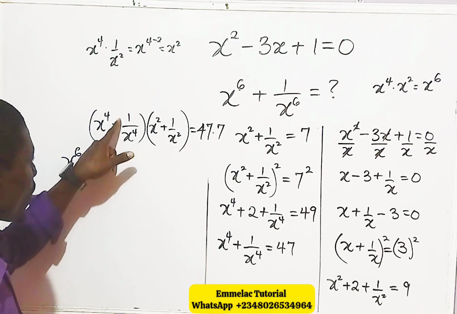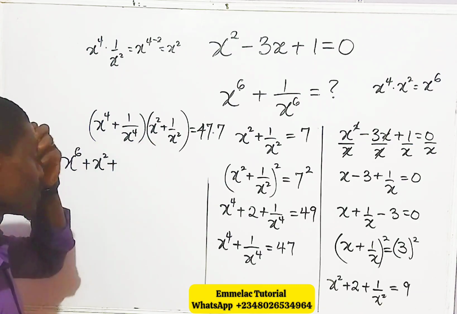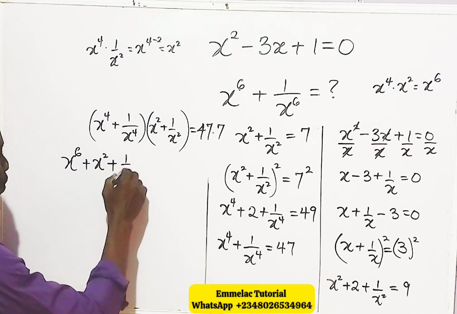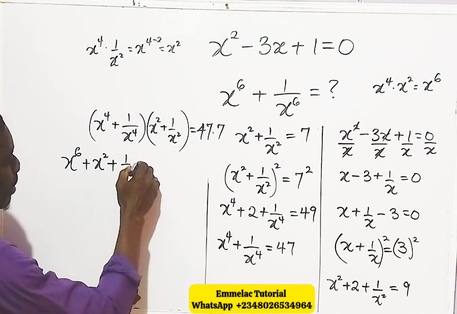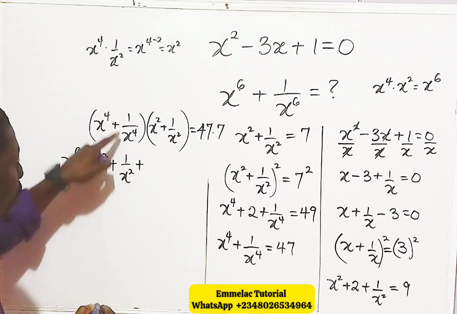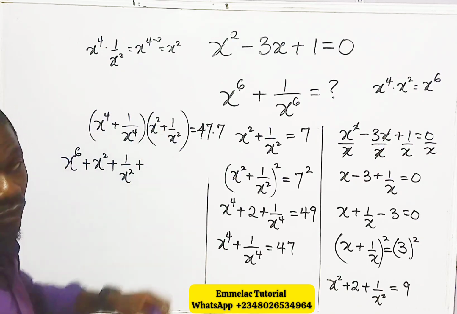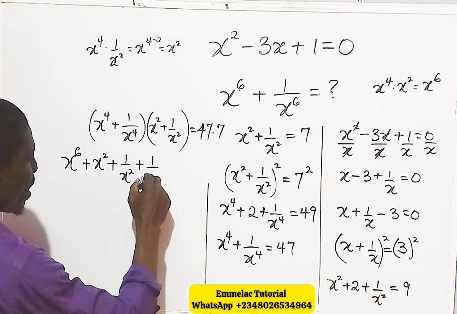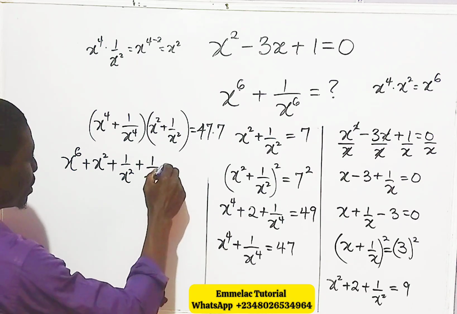Then 1 over x raised to 4 times x raised to 2 should give us 1 over x raised to 2, then plus 1 over x raised to 4 times 1 over x raised to 2, that will give us 1 over x raised to 6.